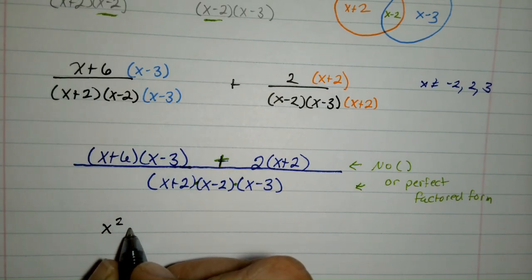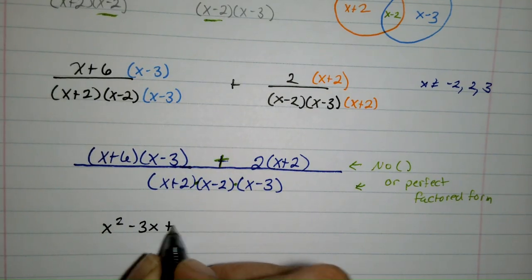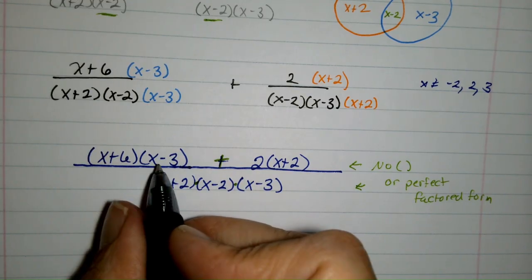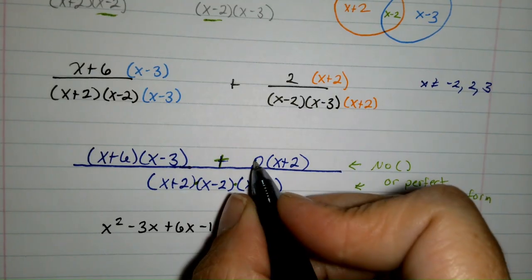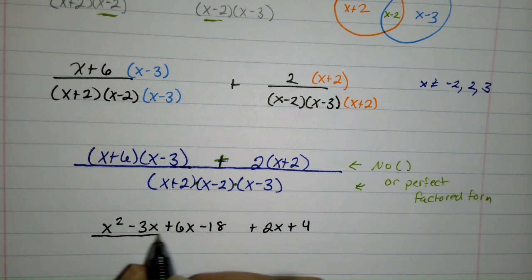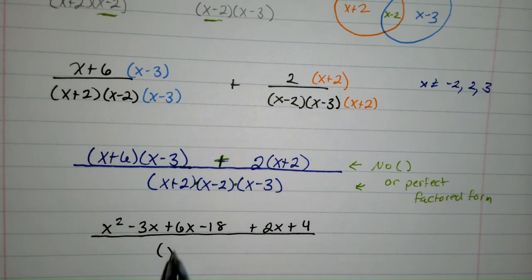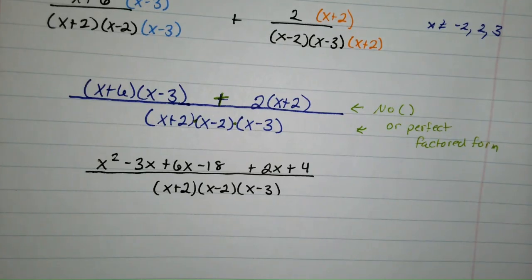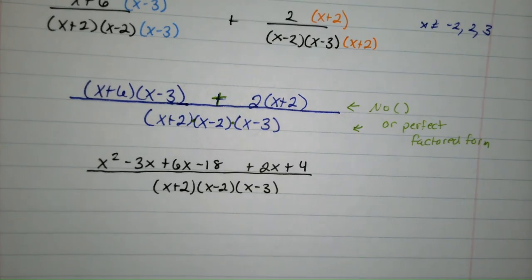x squared minus 3x plus 6x minus 18. So I FOILed that out. Plus 2x plus 4, all over (x plus 2)(x minus 2)(x minus 3). Great, there's no parentheses in the numerator, but it's not simplified. I mean, we always simplify stuff.